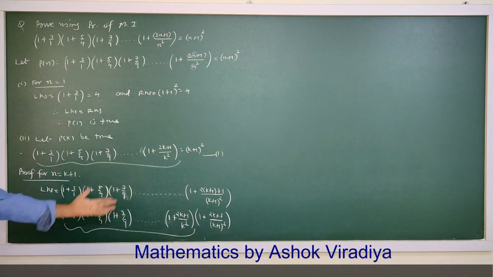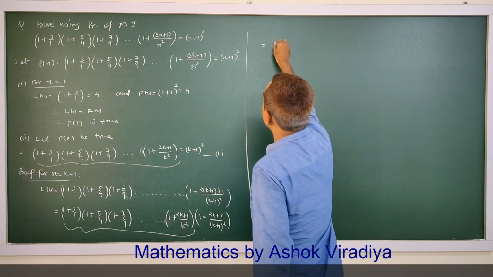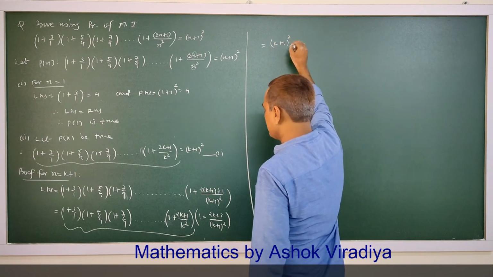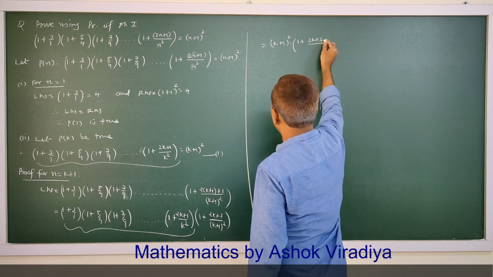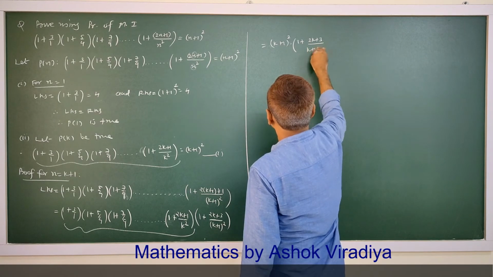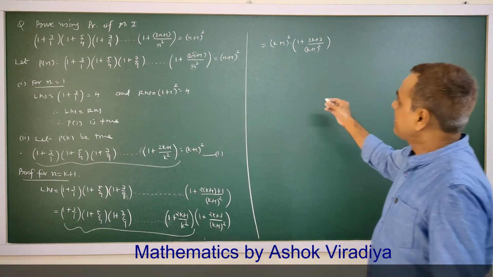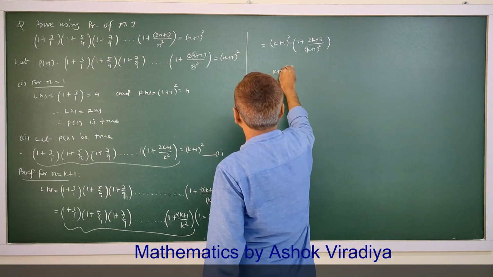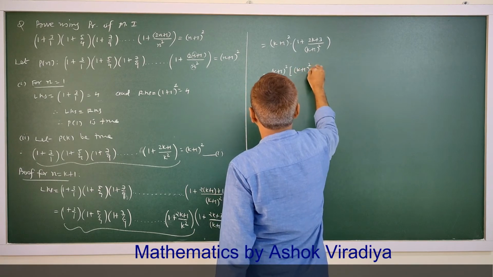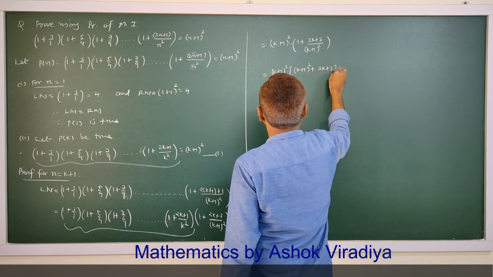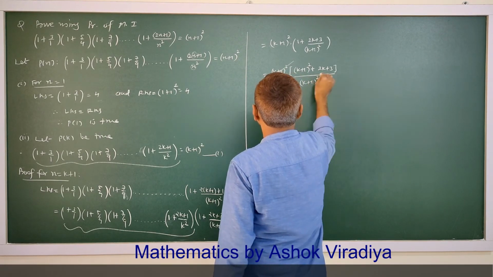So now here I replace k plus 1 whole square. So it is equal to k plus 1 whole square into 1 plus 2k plus 3 upon k plus 1 whole square. Now simplifying this, k plus 1 whole square plus 2k plus 3 upon k plus 1 whole square LCM, this will be cancelled.